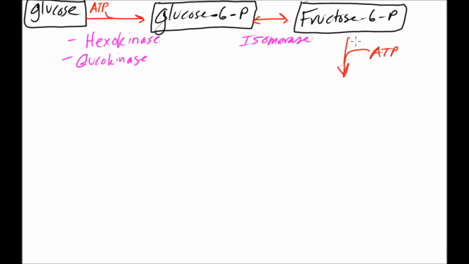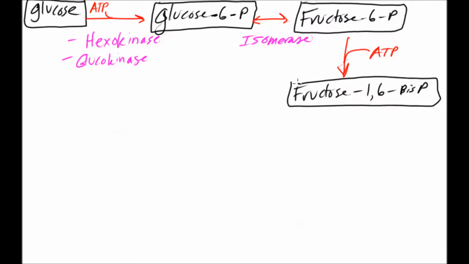Fructose 6-phosphate will only be changed into fructose 1,6-bisphosphate. Now, big, kind of complex name. It's a fructose molecule, that exact same one that we took up here. We added yet another phosphate group to it. So now there's a phosphate group, bis, meaning 2 phosphates. There's 1 phosphate at the 1 carbon position and 1 phosphate at the 6 carbon position.